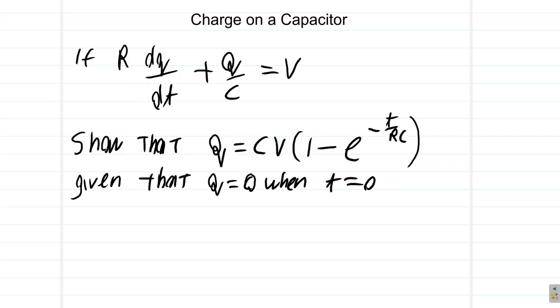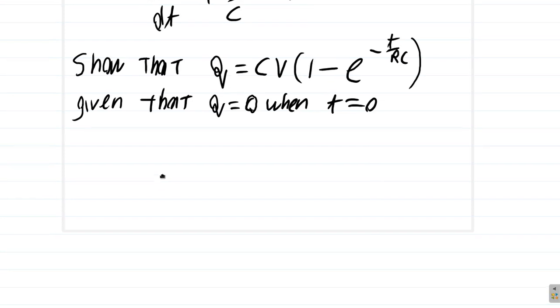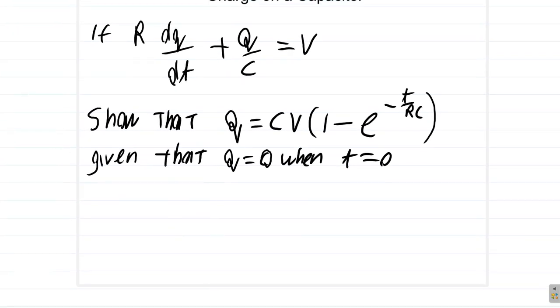Now, if we look at, first of all, let me just write what these mean. R is the resistance of a resistor, of course that would be in ohms.